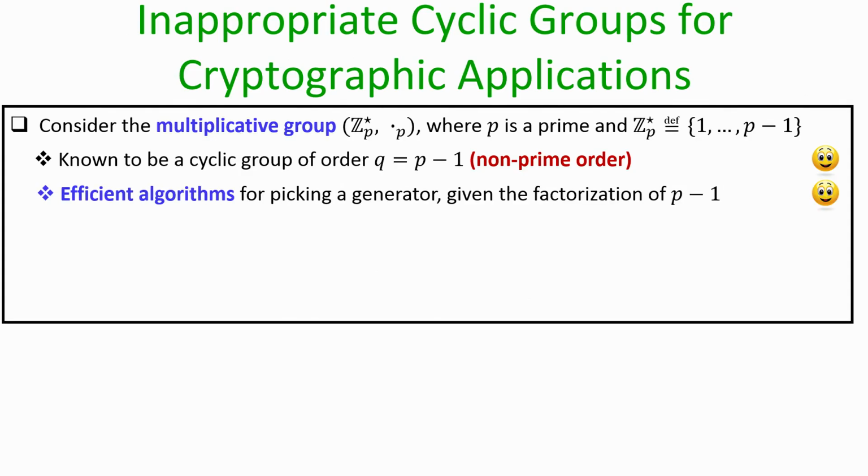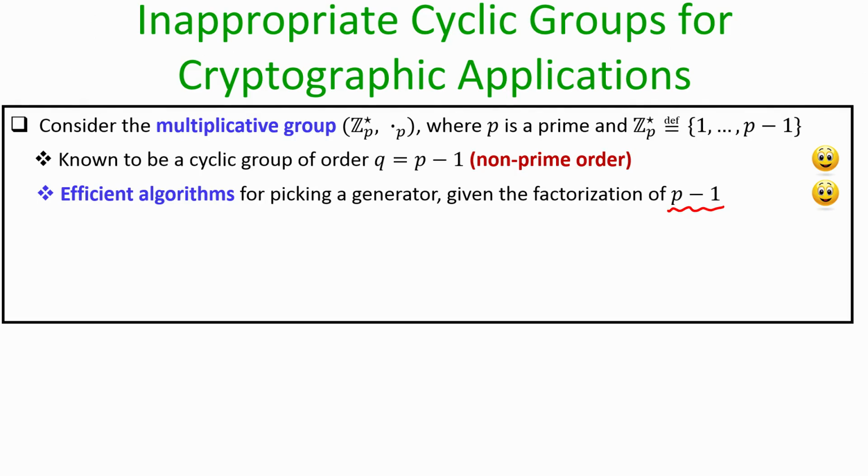And we have efficient algorithms for picking a generator for this group given the factorization of p minus 1. Remember the Diffie-Hellman key exchange protocol steps that we had seen in the last lecture. The public setup that we need there is the description of the group, where as part of the description of the group the details of the generator should also be publicly known.